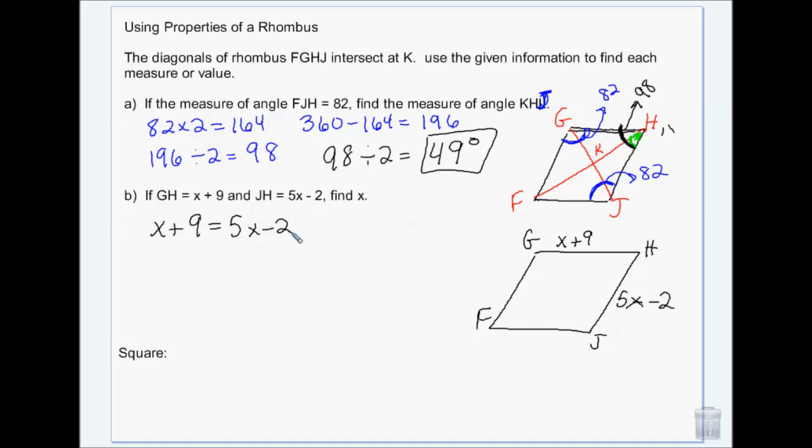So subtract x from both sides. Add 2 to both sides. So I get 11 is equal to 4x. I'm going to divide both sides by 4, and x is going to be 11 fourths.